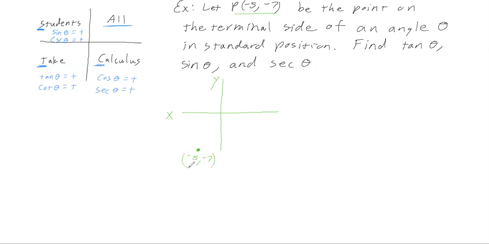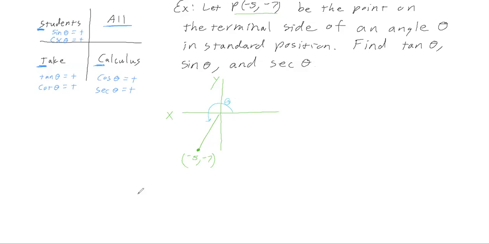Now, that's a point on the terminal side of an angle theta, so I need to draw the terminal side of that. And let's go ahead and call this angle theta. So angle theta here is between 180 and 270 degrees, we could think of it as. Find the tangent of theta, sine of theta, and secant of theta.